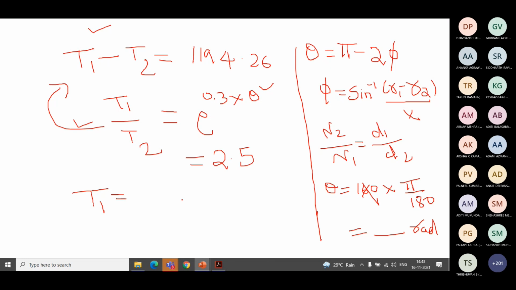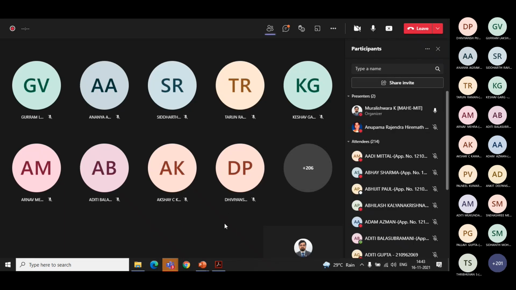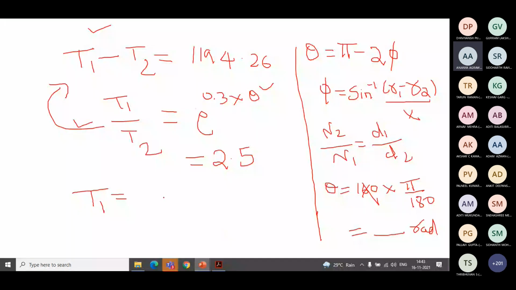T1 equals 2.5 T2 or 2.4 T2. Then how much is T1? Keshav? Sir, it's 1990.43.